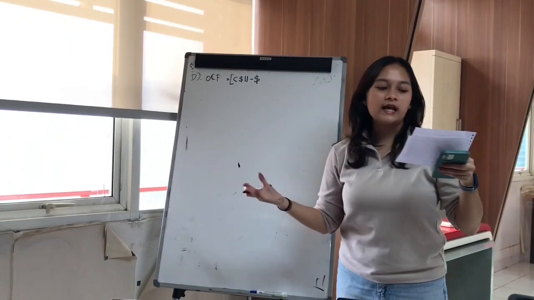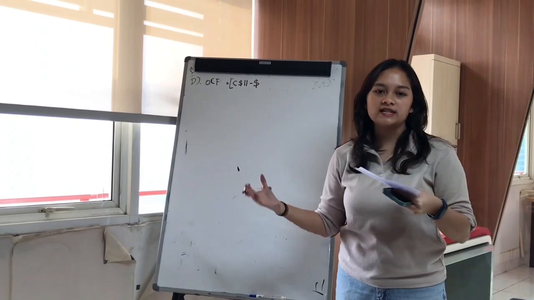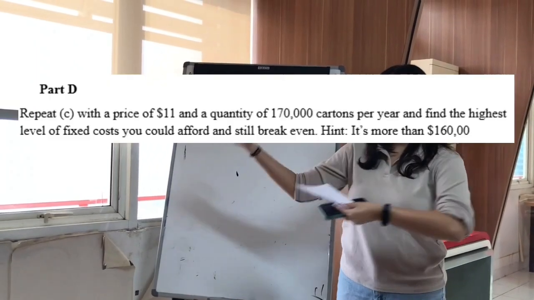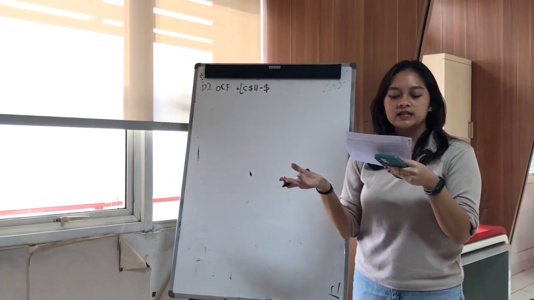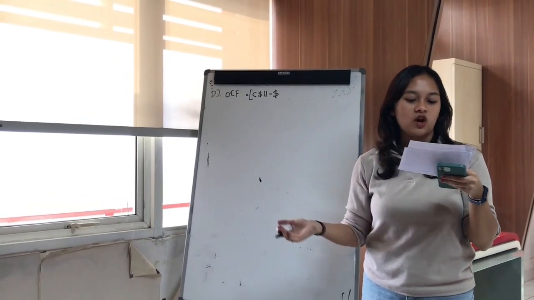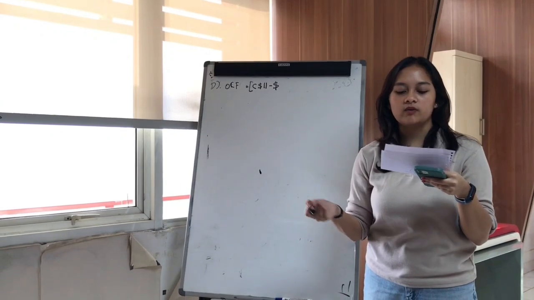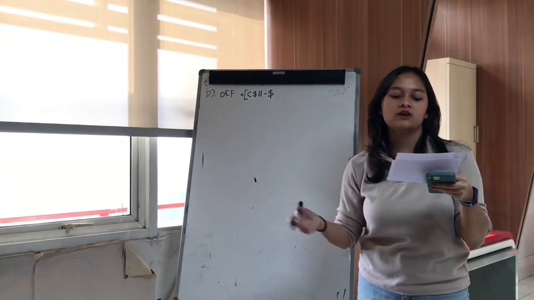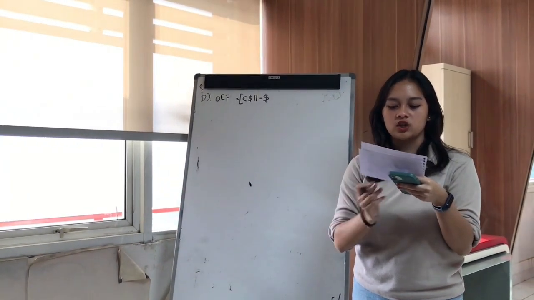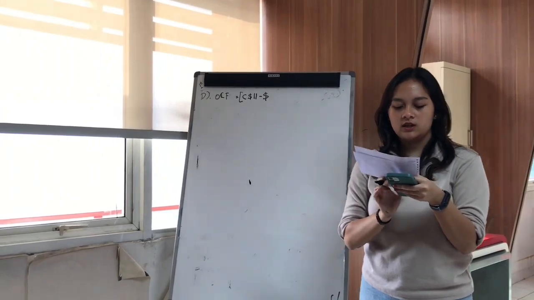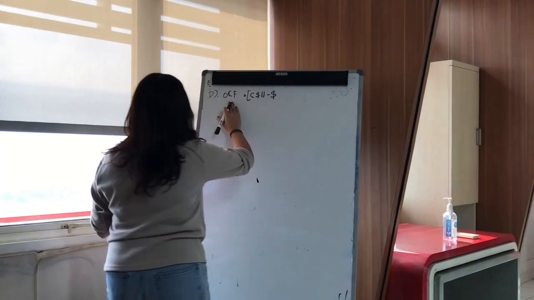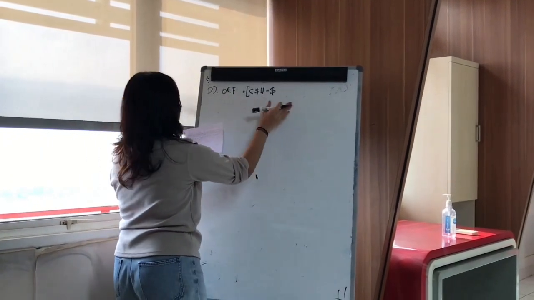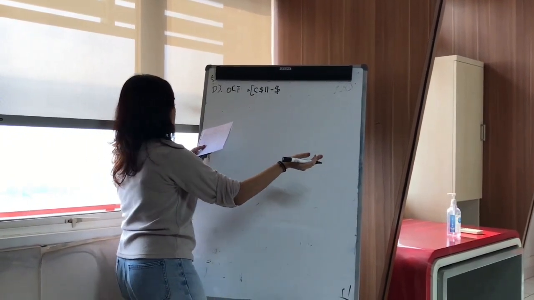Now let's move on to the last question, number D. This is the question. It asks for break-even fixed costs at $11 and 170,000 cartons. What is the maximum fixed cost to break even? So let's use the OCF, the operating cash flow, where it uses fixed cost.